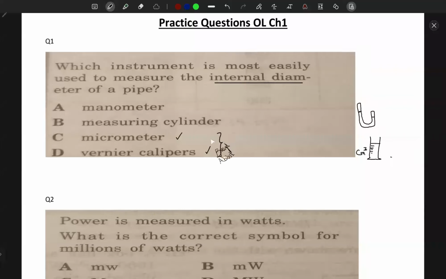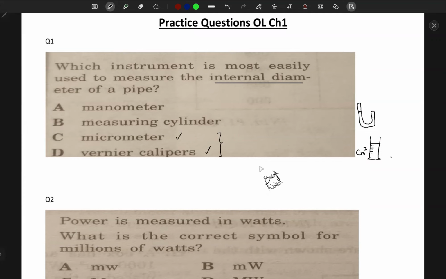Because vernier calipers would be a better option at this point, because they have these jaws. I cannot draw a vernier caliper here, but I'm sure that you know what it looks like. It has those specific jaws, and we'll use the internal jaws of the vernier caliper to measure the diameter of a pipe.